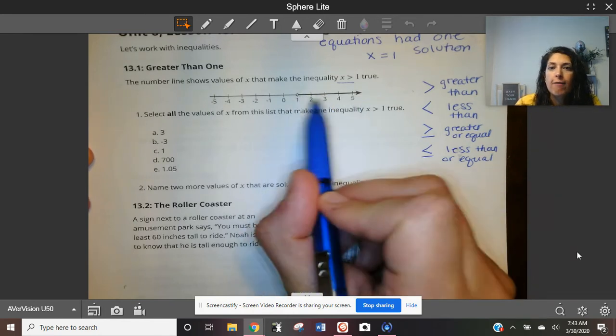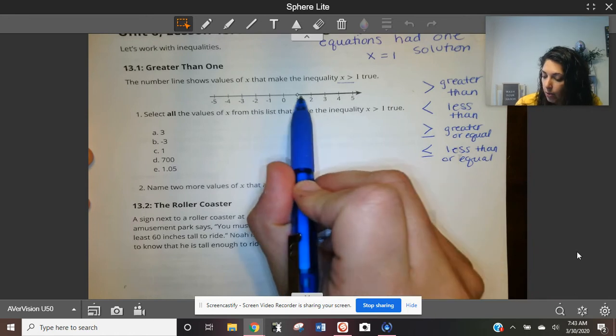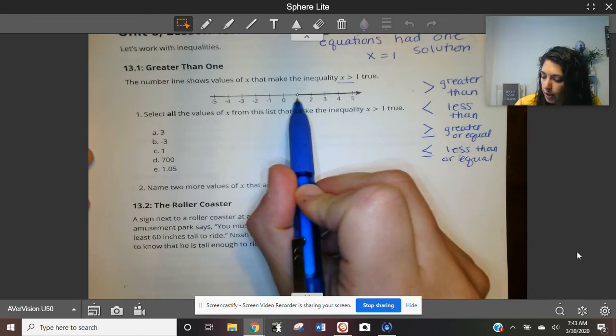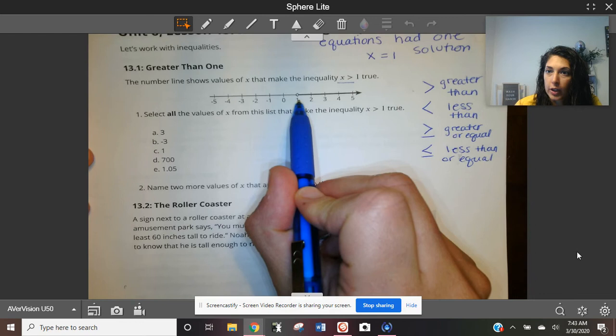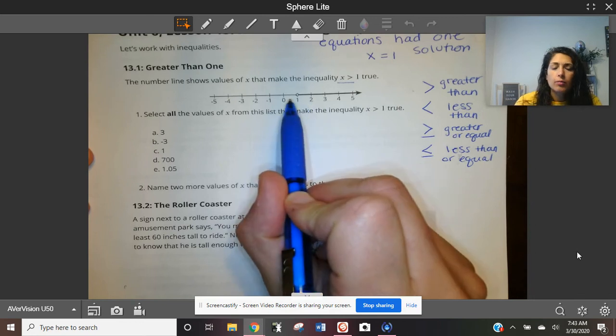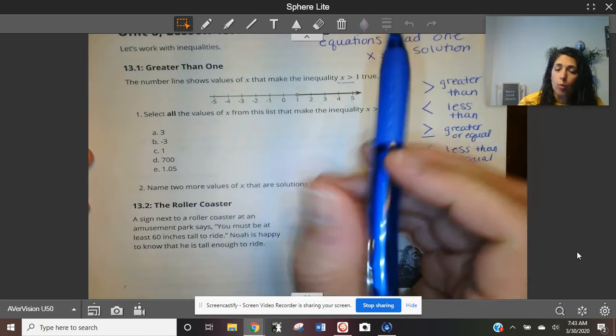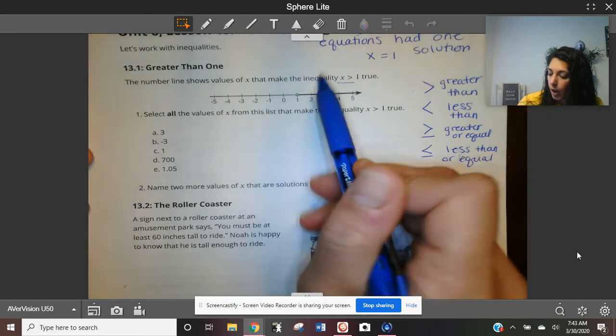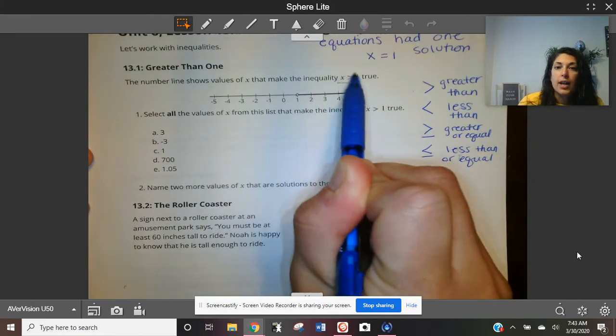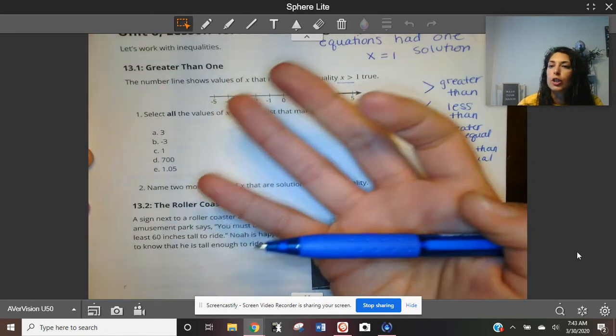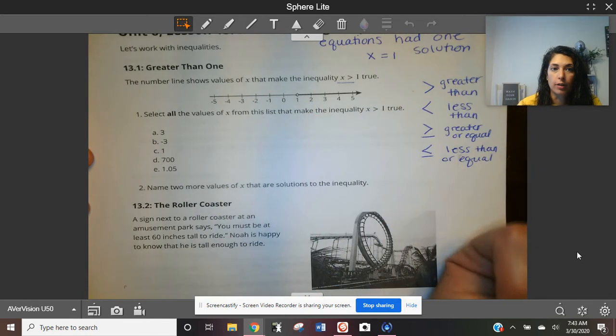There's an infinite amount of numbers, not only that are bigger than 1, but that are between 1 and 2. So it's very important that you understand that when you have a solution to an inequality, this represents a large group of solutions, usually an infinite amount of solutions.